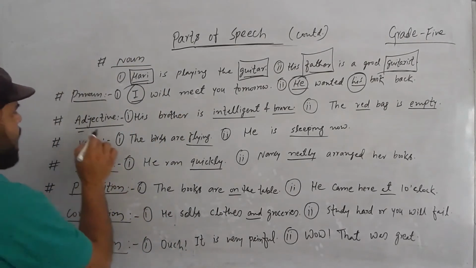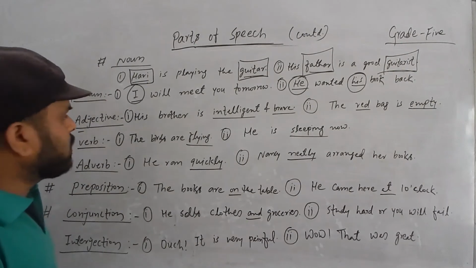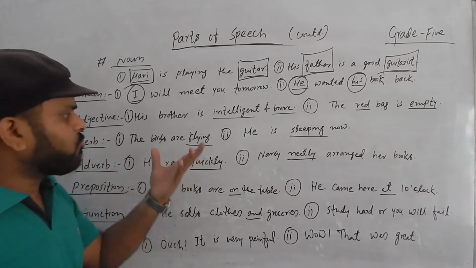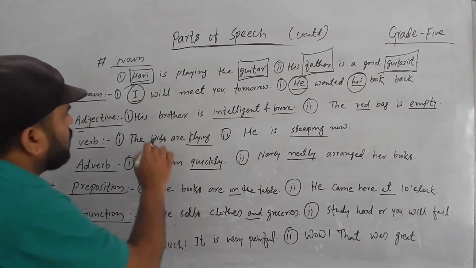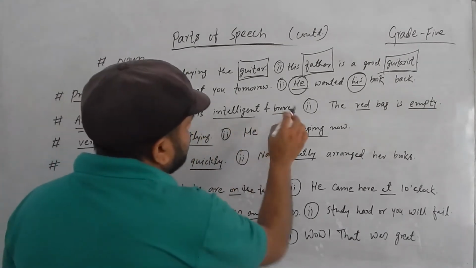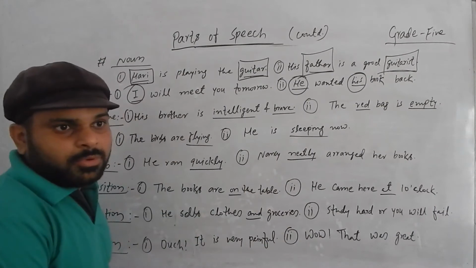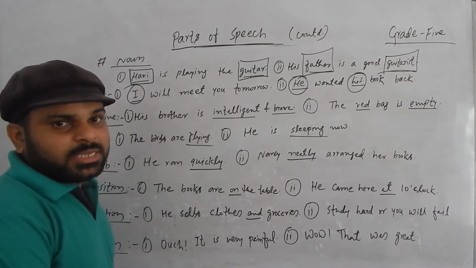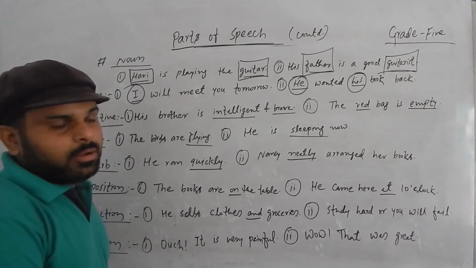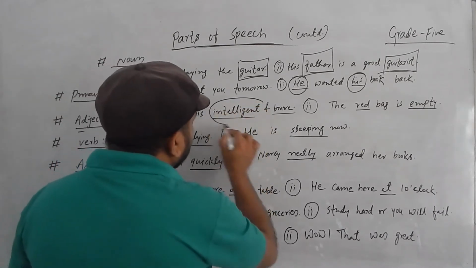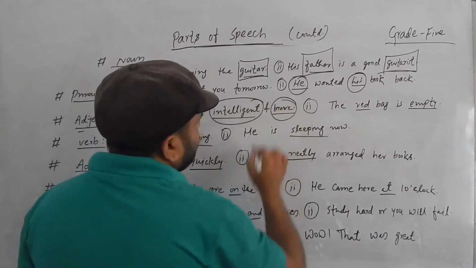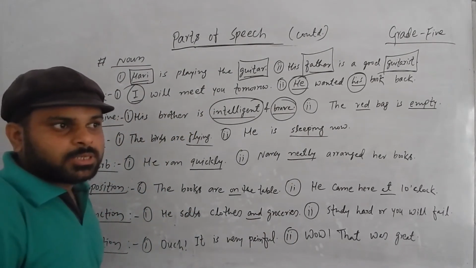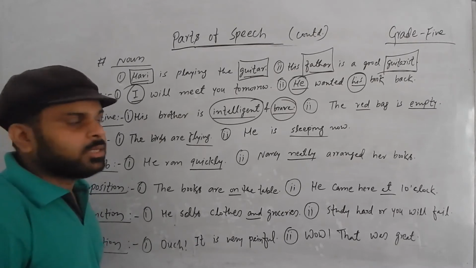Next, see adjective. How will you recognize it? First of all, see your definition and then try to locate. His brother is intelligent and brave. What are the words that seem to be adjectives here and why? Intelligent and brave. These are the words that describe someone's quality.